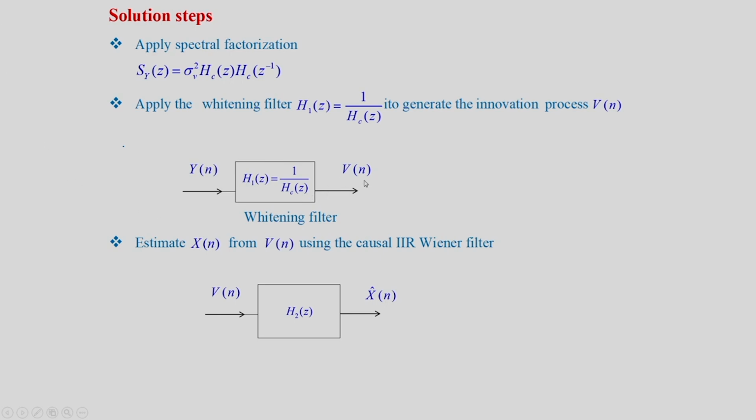Now, Vn is an uncorrelated sequence. It is easy to estimate x hat from this Vn sequence. So, we will estimate x hat from Vn by using the causal IIR Wiener filter principle. So, Vn you pass it through H2z, we will get x hat n.